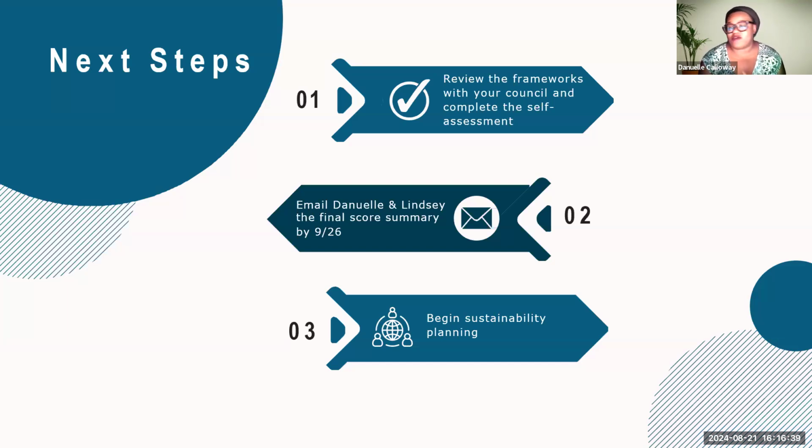So maybe the goal by the end of September is to start to share this with your council. So, sharing the different components, starting those conversations about the self-assessment, so that when it is due, let's come up with a date now while I'm on video.